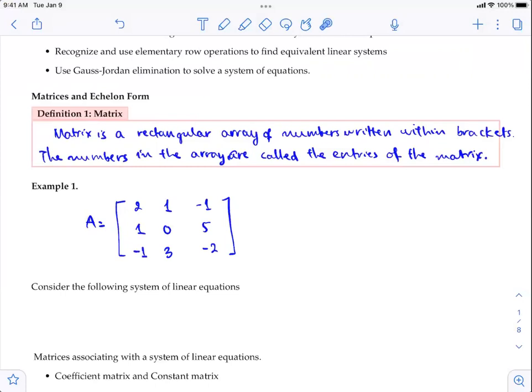This is a square array of numbers, a special kind of rectangular array. The numbers 5, 2, 1, -1, whatever numbers are inside this bracket, are called the entries of the matrix.